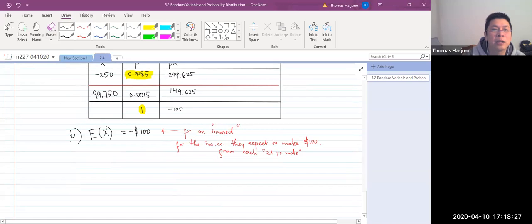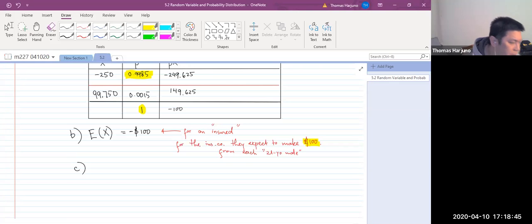Now, part C, the question is, in part B, this is how much they expect to make for each person they insure, right? Now, suppose they don't want to do business, they just want to do charity, okay? They say, you know what, I waive my profit.